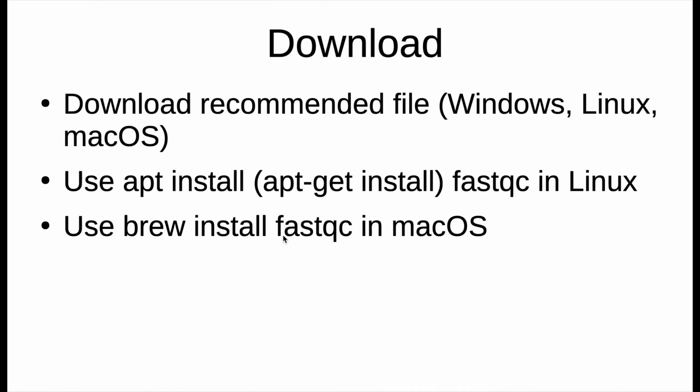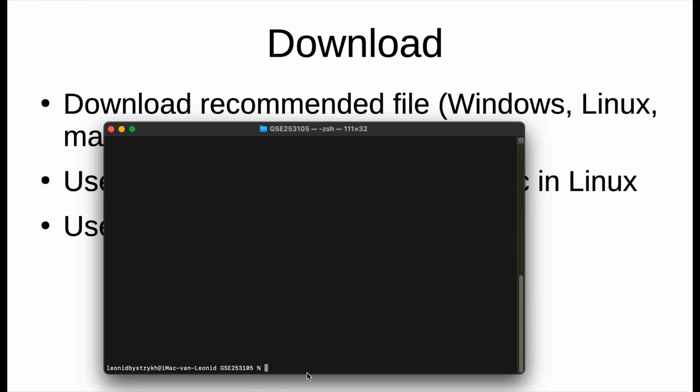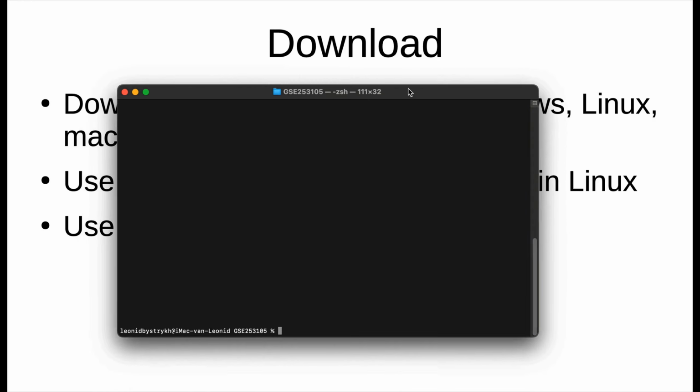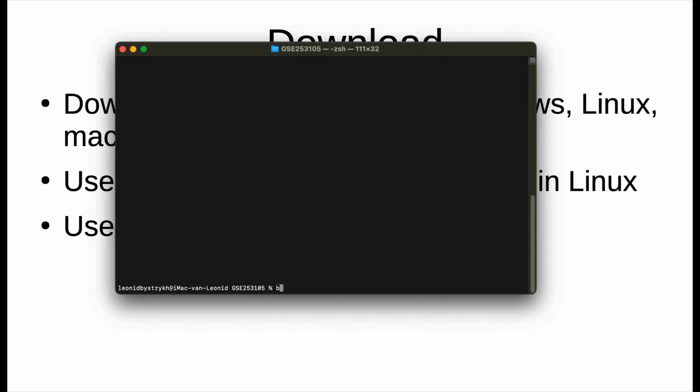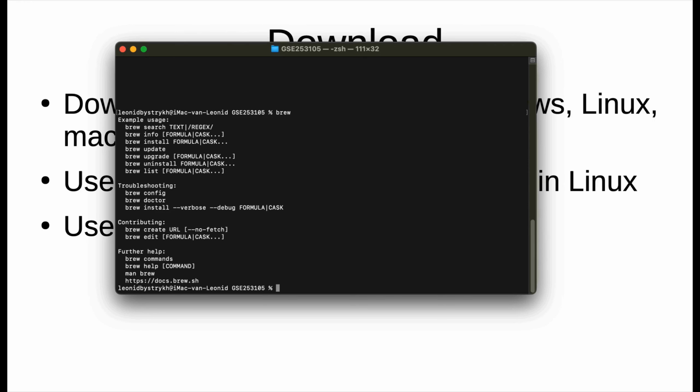And now I will tell you what to do if you use Brew to install fastqc on macOS. First of all, you have to know whether you have Brew on your computer. I have it, so it responds to what I ask. If you don't have it, I recommend installing it.